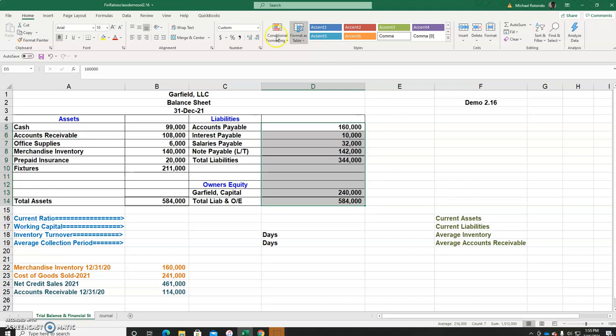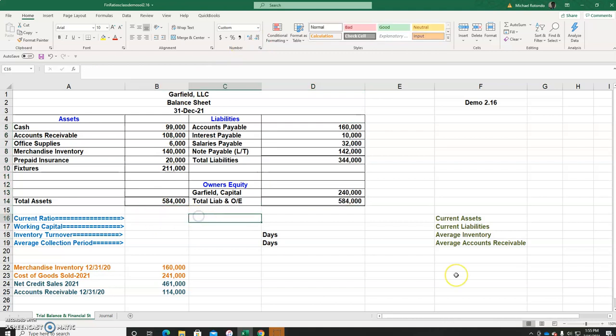So for us to calculate the current ratio, again, we need to take our current assets and divide them by our current liabilities. So in order to do that, we need to calculate what our current assets and current liabilities are.